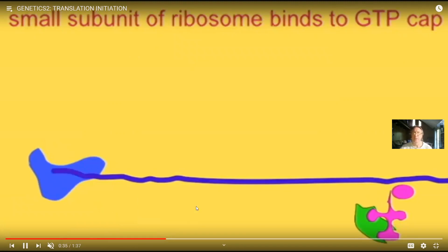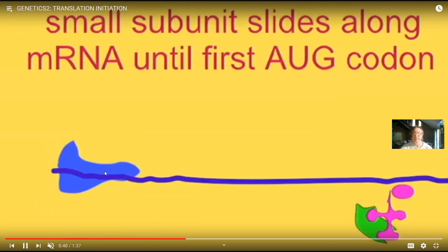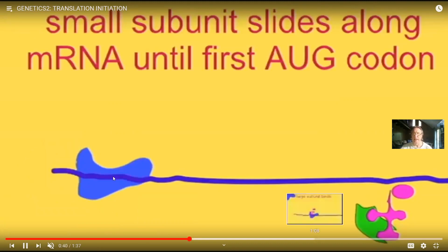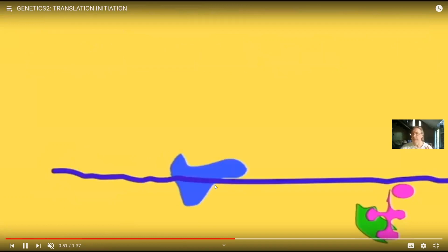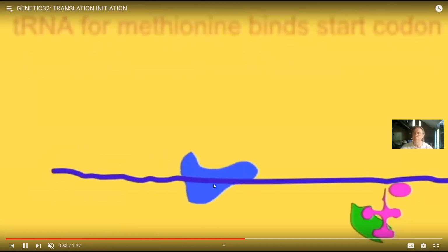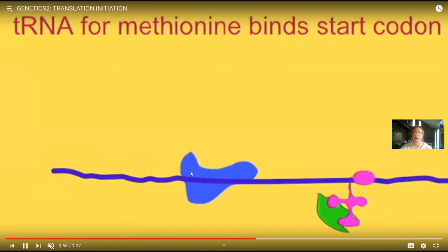The small subunit binds the GTP cap. Once again, that's where the ribosome knows that this is where a message is starting, and it will then slide along the messenger RNA until it reaches the first triplet, which reads AUG, adenine, uracil, guanine.